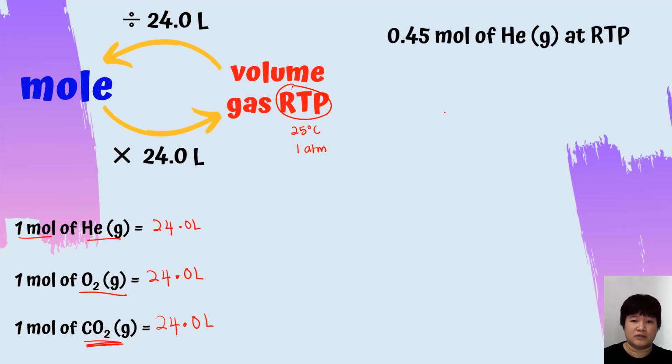And what happens when you don't have 1 mole? You only have 0.45 mole of helium at RTP. So how do you change the number of mole to volume? You times or you divide. If you times, how many do you times? 22.4 or 24? Since it's RTP, therefore we are using 24 liter.